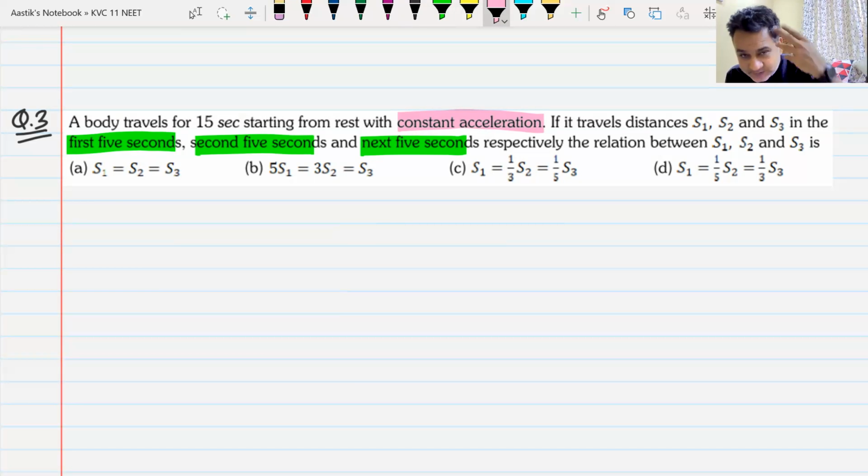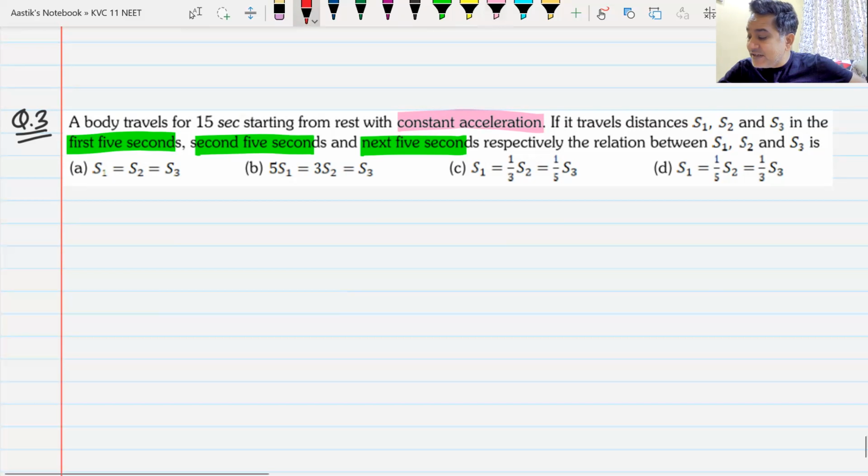Now, apply more logic. If its velocity is continuously increasing, in which period will it travel the least? First 5 seconds, next 5, or the next 5? In which 5 seconds will it travel the least?